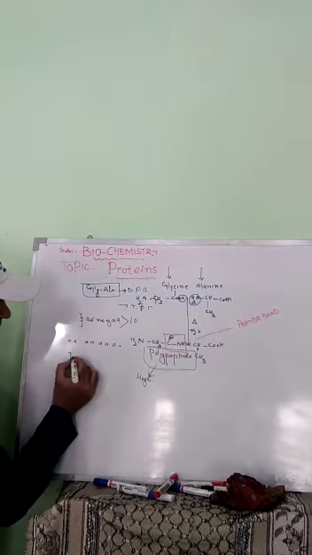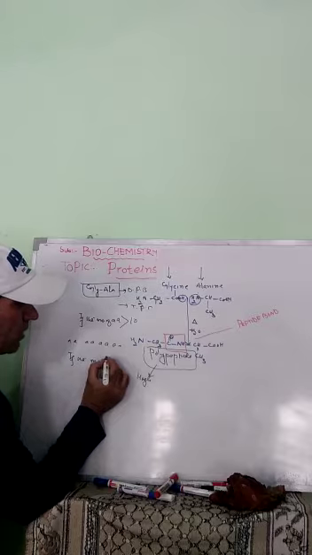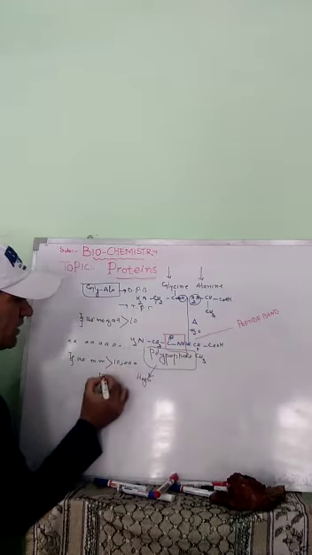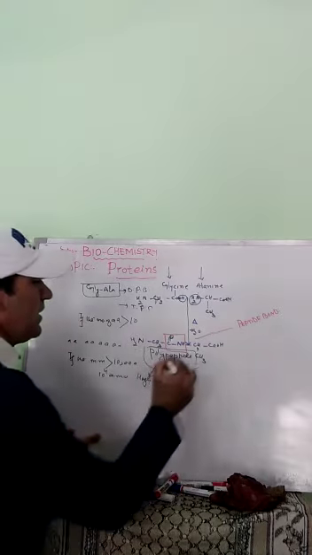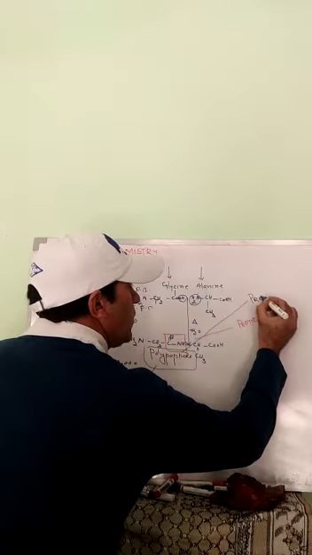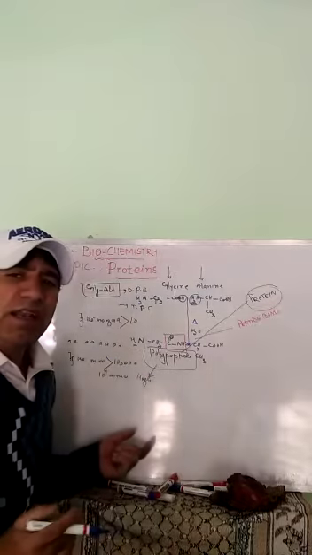So if the molecular mass of a polypeptide is more than 10,000, that is 10 raised to power 4 AMU, atomic mass unit, then that polypeptide is known as protein, which is our topic.